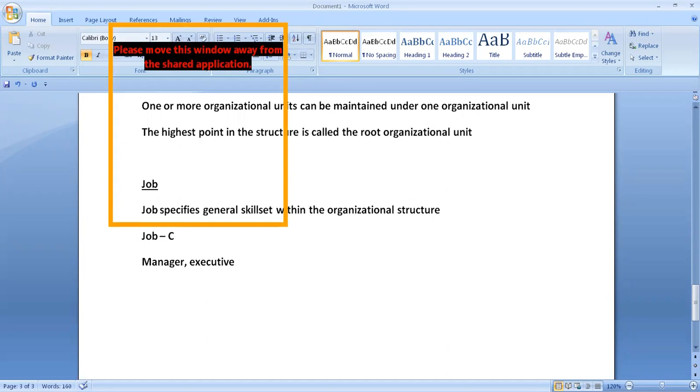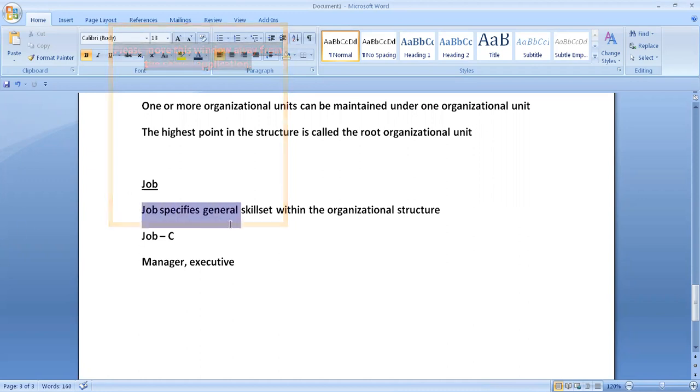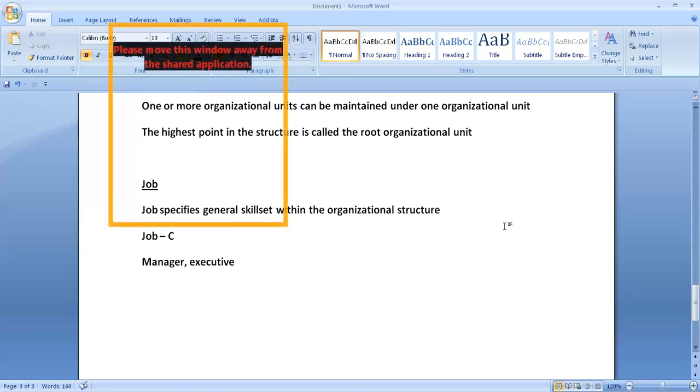These are some of the examples we can say as a general classification or broader classification, as a job. This definition is also correct. We can have another definition: job is nothing but a broader classification of the skill set within the organizational structure.